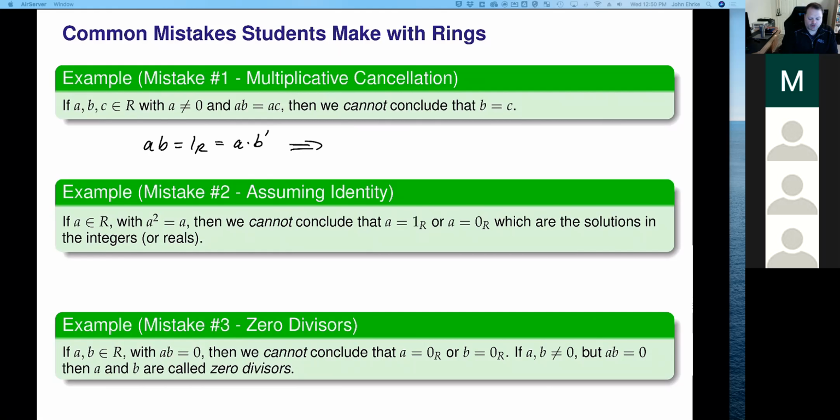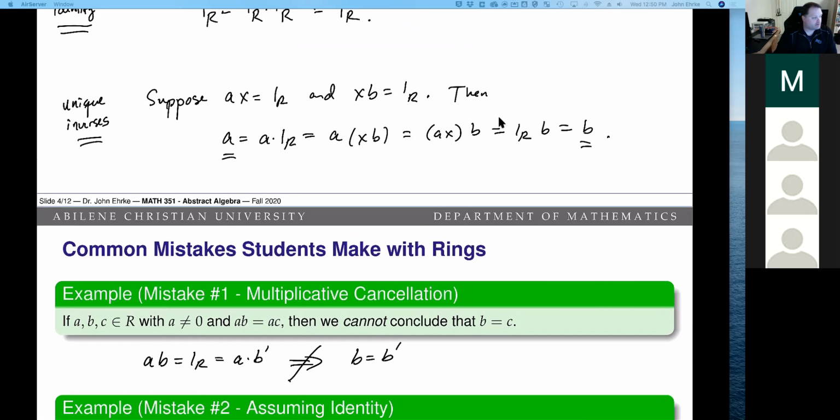I cannot conclude that b is equal to b prime. So this is what you might have thought to have tried. The reason I bring this up is when we were looking at unique inverses, you might have thought, well, just suppose there are two elements, a times b and a times b prime, that give 1R, conclude that b equals b prime, and show that the inverse is the same, right?